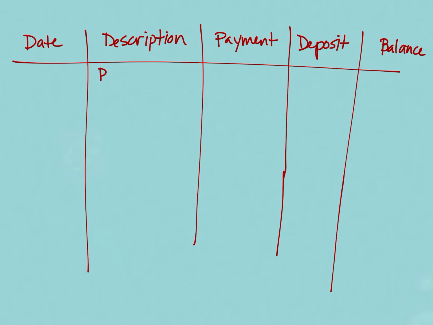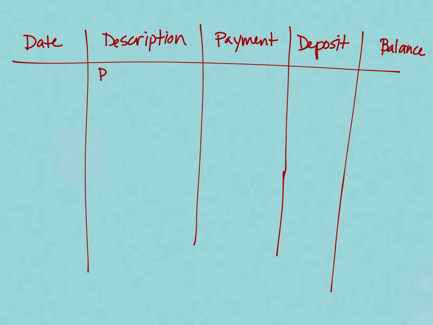From part A, we know that they made a deposit, or they increased their amount by 1,750. So if we add 1,750 to the number from before, which you can do with a calculator, you get $2,993.56.